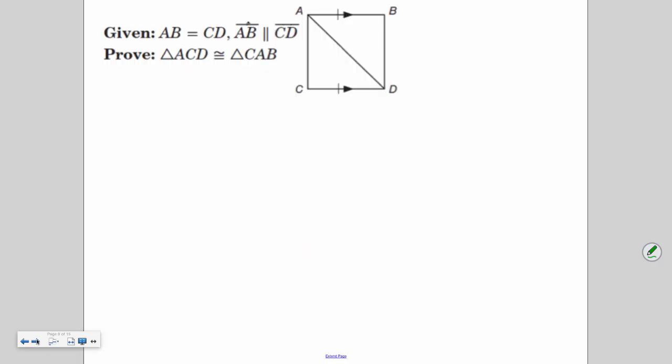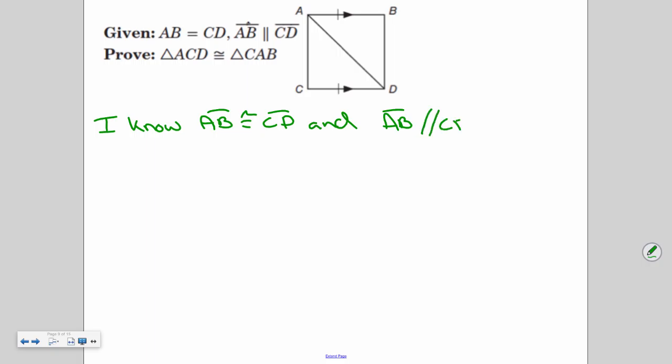In my next example, again, I always start off with my givens. I will do this as a paragraph proof. I know AB is congruent to CD, and AB is parallel to CD because it is given.